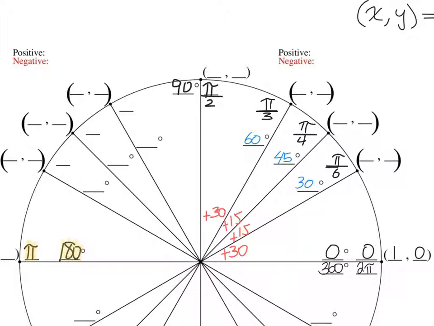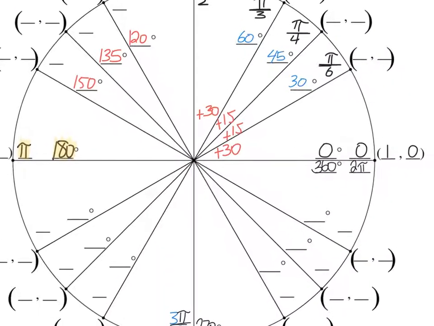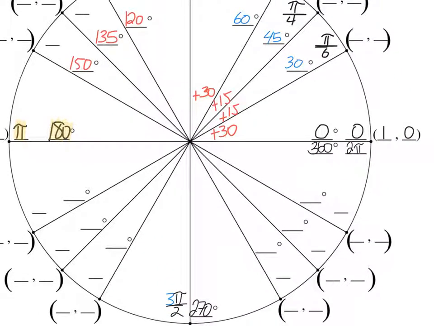So 90 plus 30 will give you 120. Add 15, you get 135. Add 15, you get 150. Add 30, you get 180. Again, 30, 15, 15, 30. So 210, 225, 240. Add 30, you get 270. 30, 15, 15, 30.